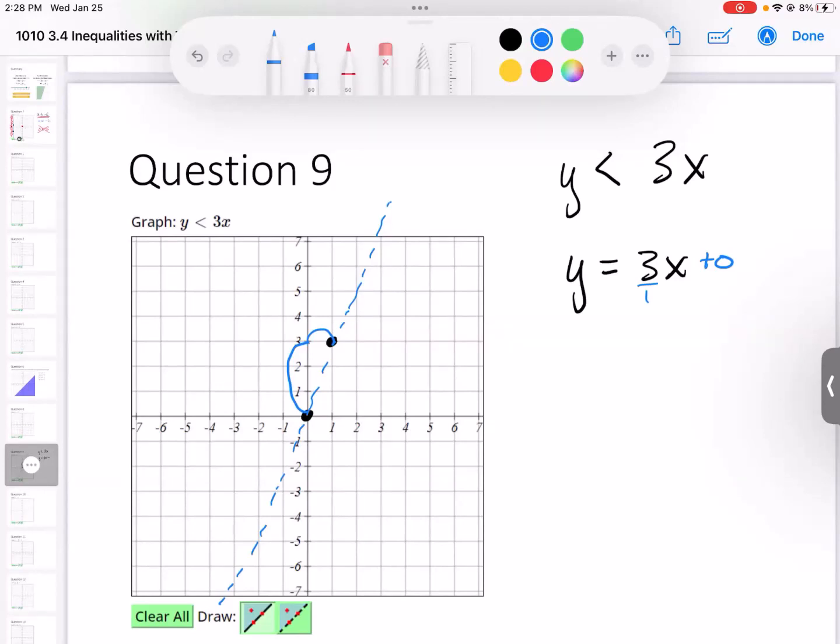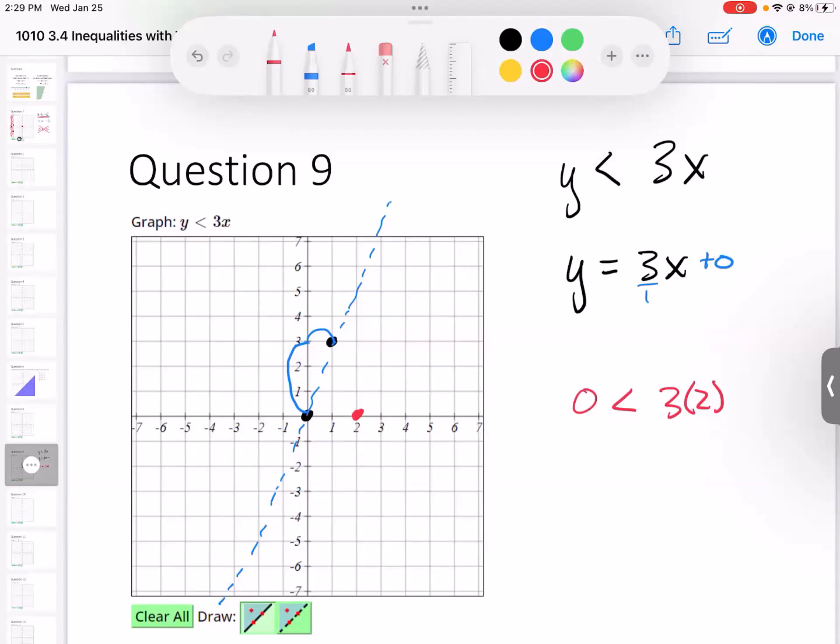And on all the examples I did in class, I would always choose to plug in 0, 0. But this is one of those situations where 0, 0 won't help me decide which side to shade, because 0, 0 is on the line. And so you're just going to choose some other number that would be easy to plug in. So maybe I might choose this point, and I'd say, okay, well, if x is 2 and y is 0, is 0 less than 3 times 2?